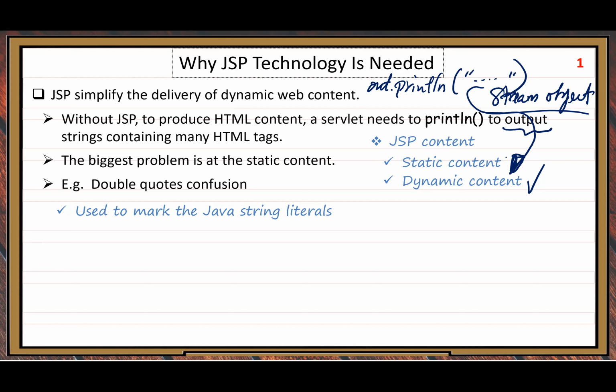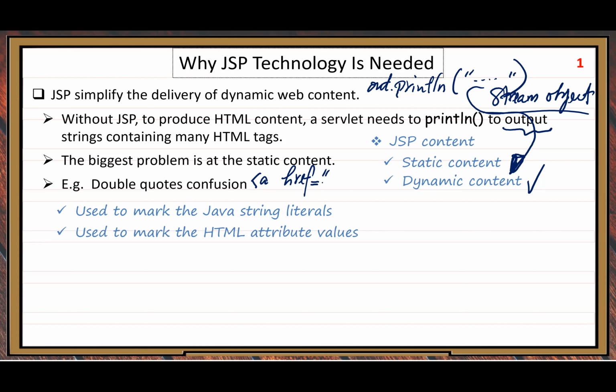But in HTML, you need to use a lot of double quotes. How do we use double quotes in HTML? They are used to mark HTML attribute values. Look at the href attribute. In that A tag, href is the attribute name.